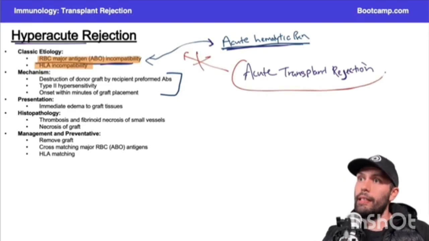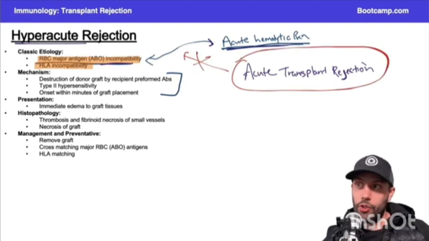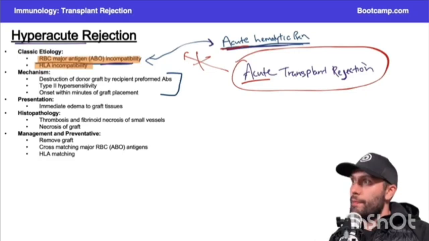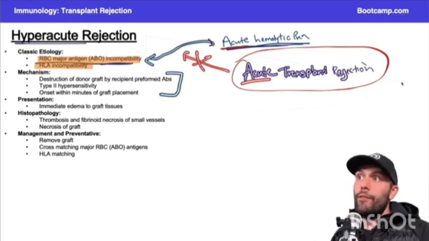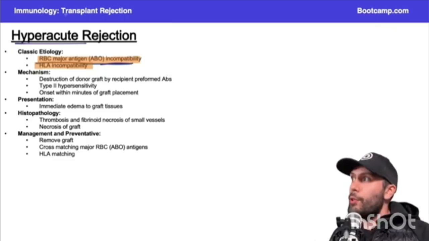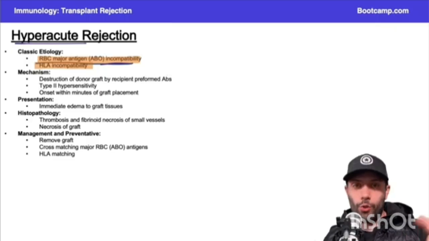This is a completely different pathophysiology, and it happens on a completely different timeline. So my point is, I don't want you to confuse acute hemolytic reactions with acute transplant rejection. That's the big point. So it's just noting these things in your mind so that when you come into those situations, you don't get confused or tripped up by it.